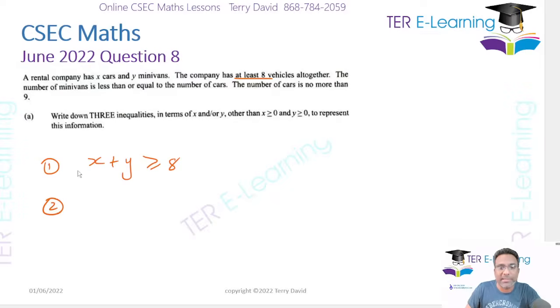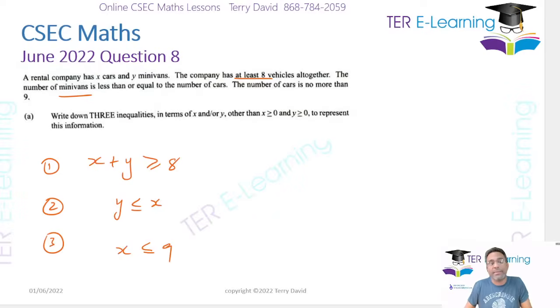Second inequality, they said that the number of minivans, that's Y, is less than or equal to the number of cars. And the third inequality, the number of cars is no more than 9. So the number of cars, which is X, is no more than, therefore, it has to be less than or equal to 9. You can't exceed 9.